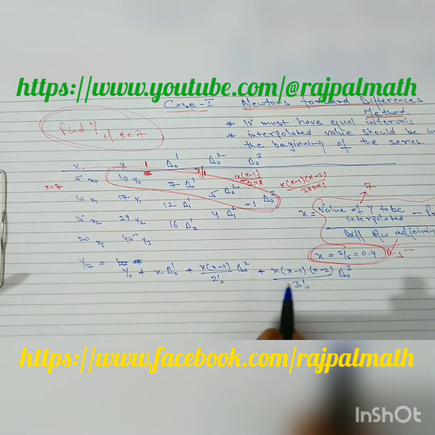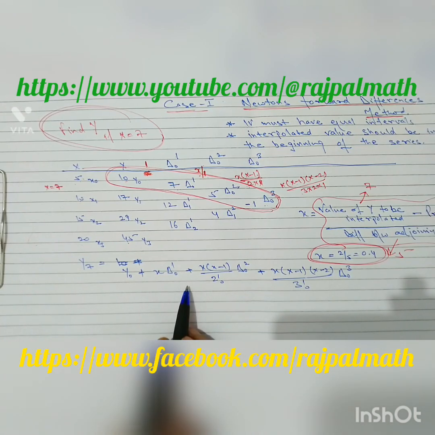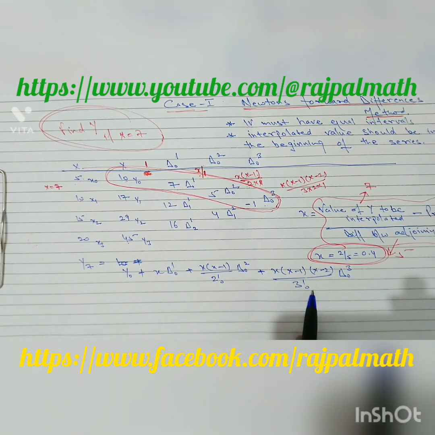This is our formula to find the missing value for Newton's forward differences method.